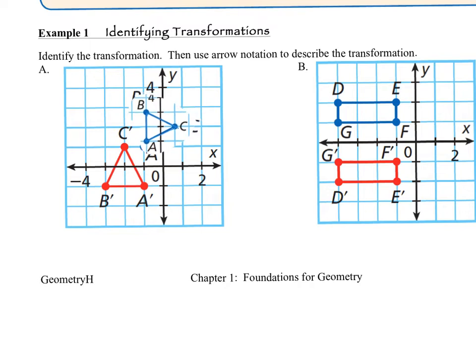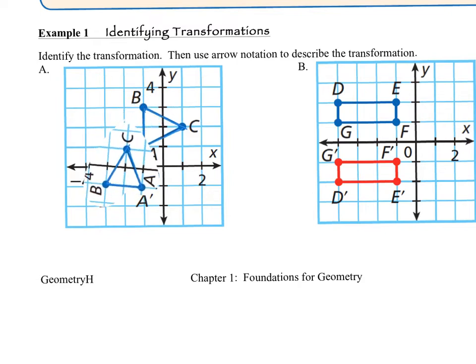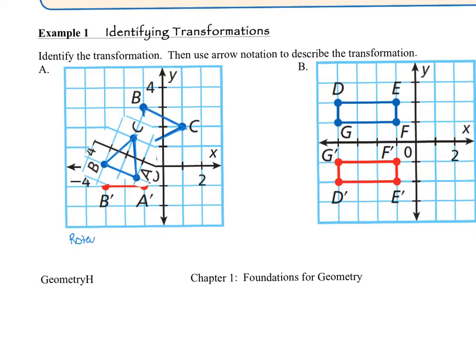If I made a copy of the A, B, and C, and if you watch, it actually turned, it rotated like this. That means that we have a rotation 90 degrees, and that's counterclockwise.